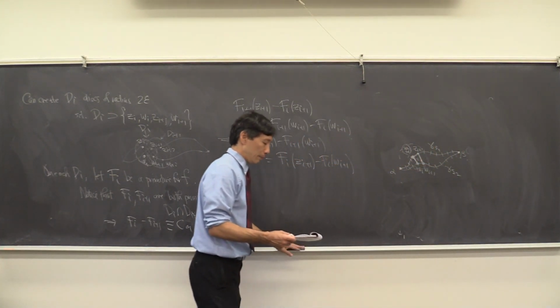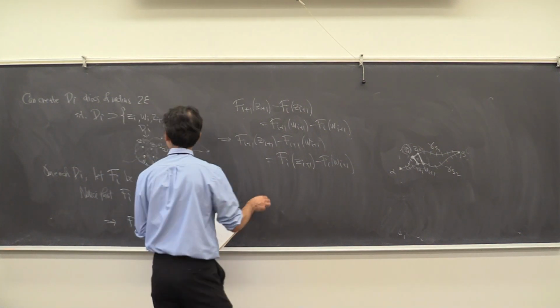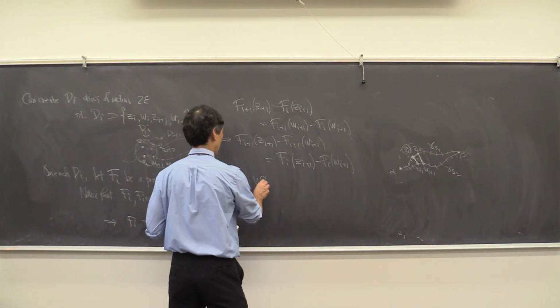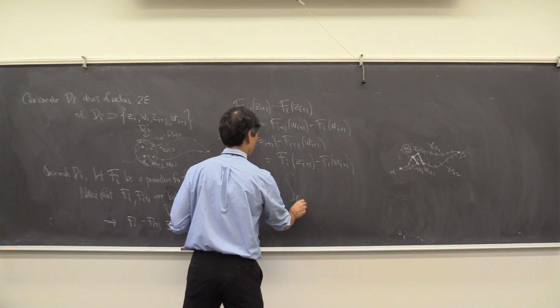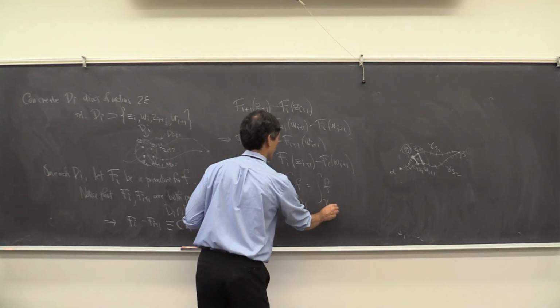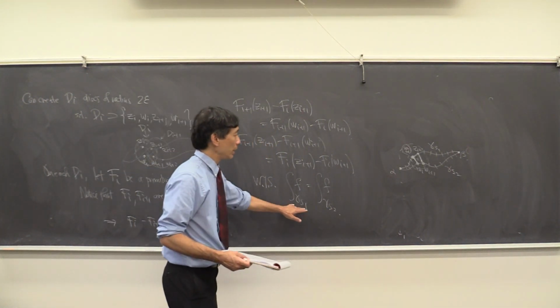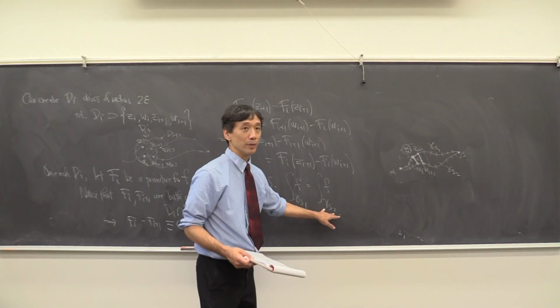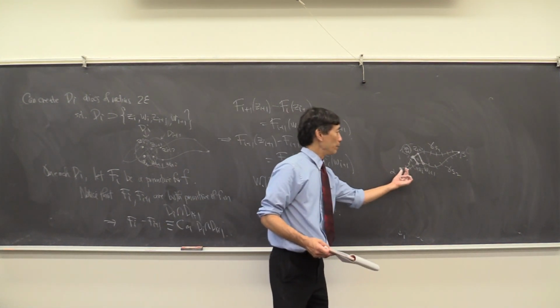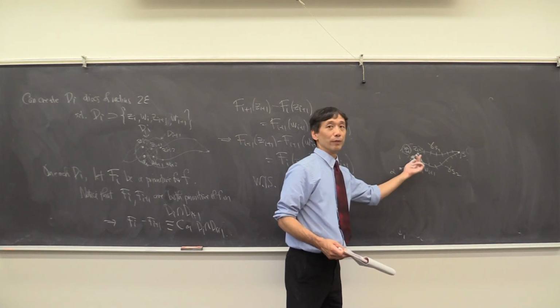Okay, remember what we want to show. We want to show that the integral over gamma S1 equals the integral over gamma S2. So what we do is we break gamma S1 and gamma S2 into subcurves, into a sum of curves.